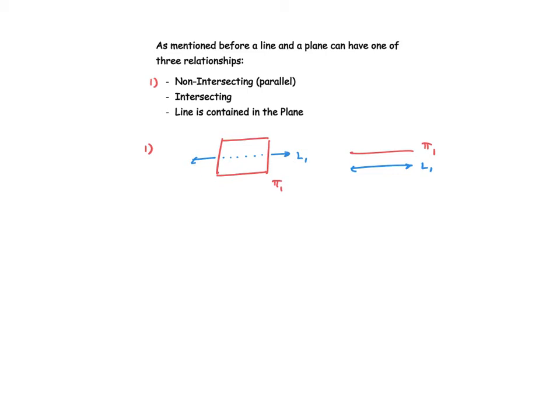Okay, the second option would be intersecting, whether that's at a right angle or not. Let's take a look at a line and a plane in this scenario. So here is a plane, let's call it pi 2, and a line that intersects the plane at some point P. Let's call this point right here P. Here is your line L2.